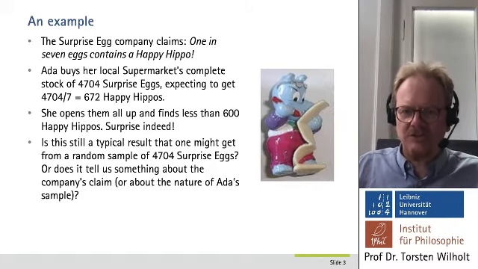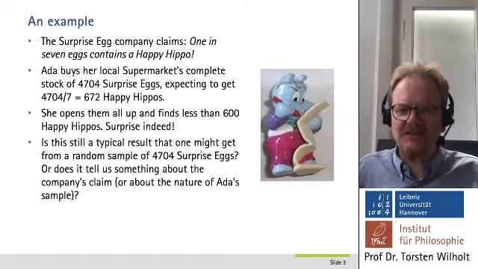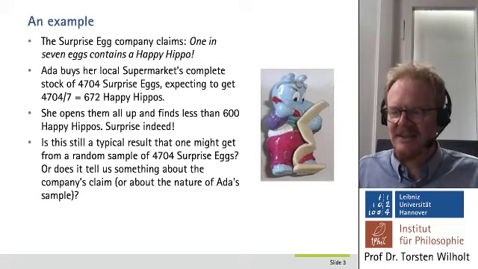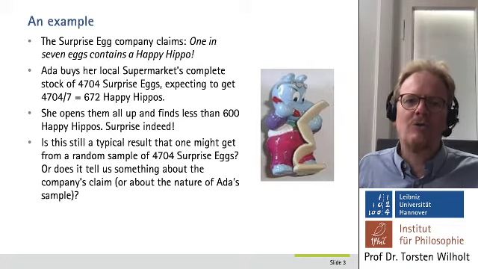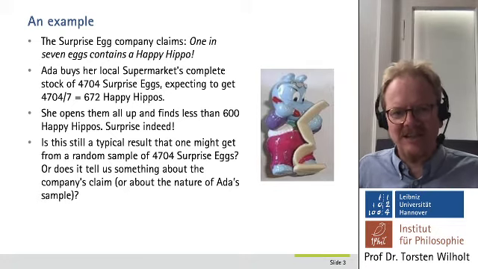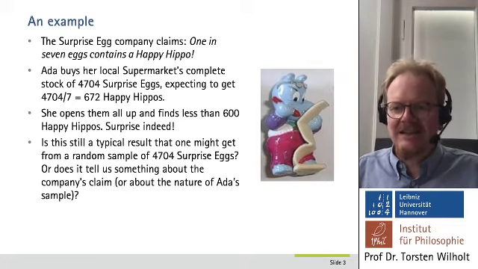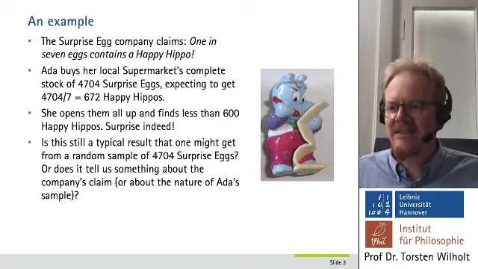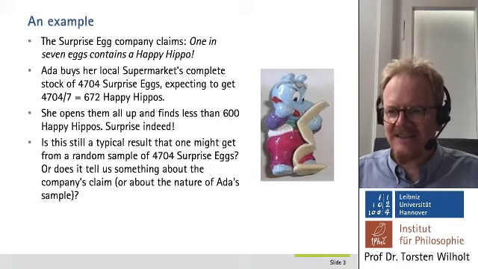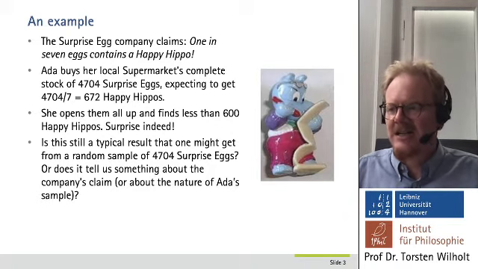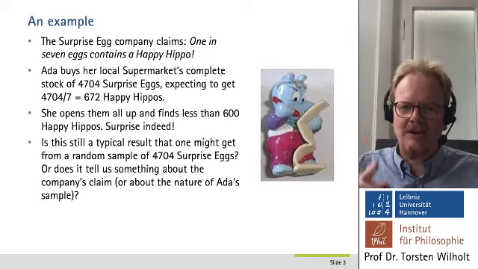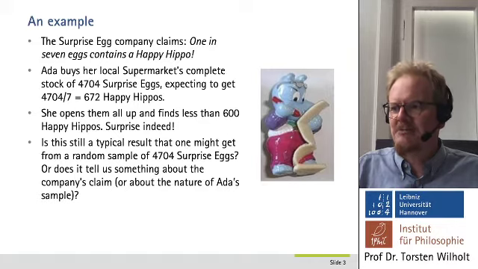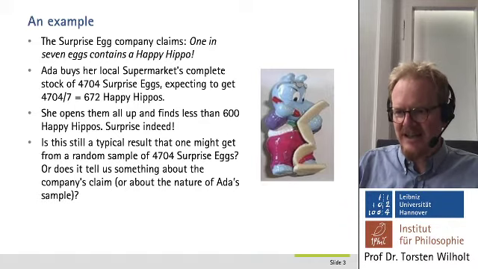And in this way you can calculate the probability of each combination of findings that you can get, and then you can add up all the combinations of results that in the end mean that you have found exactly 672 happy hippos in the 4,704 times that you've opened a surprise egg.